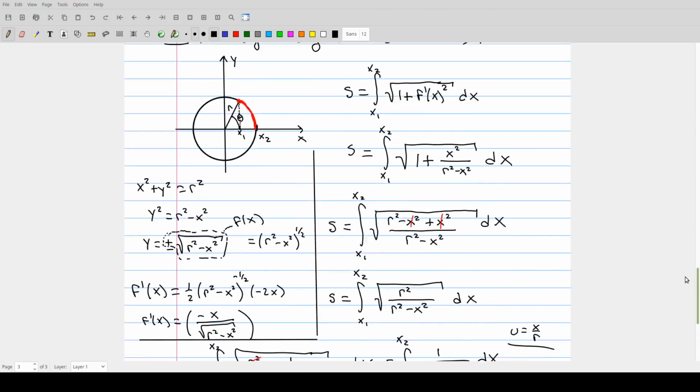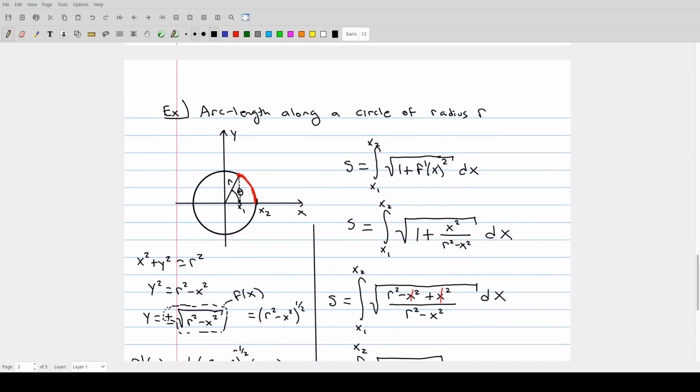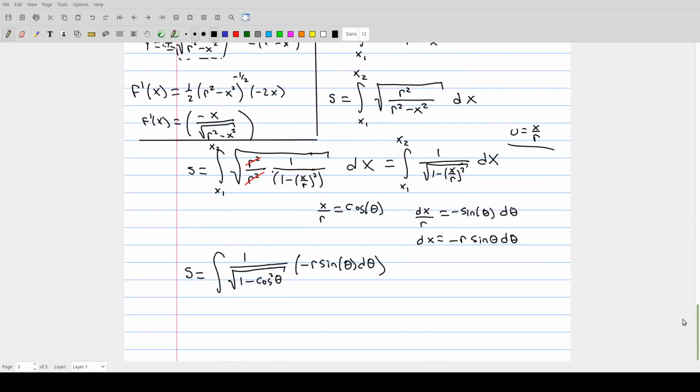And then the new theta bounds here: remember x1 is at theta and x2 is at theta equals 0. So x1 is at theta and x2 is when theta equals 0. This is an important step, always with trig substitution, to get the correct result. Well, this negative sign here switches the order of integration.